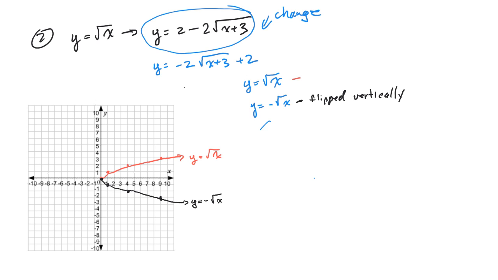So now let's take a look at what happens to the 2. The next transformation is negative 2 root of x. And that comes from the fact that there's a 2 after the minus sign. So that 2 is going to do something crazy to our function. I'm going to use green to describe that. This one here is going to be stretched vertically by a factor of 2.